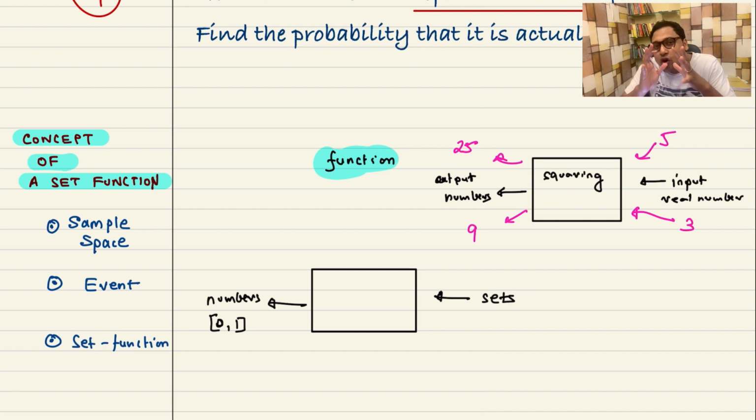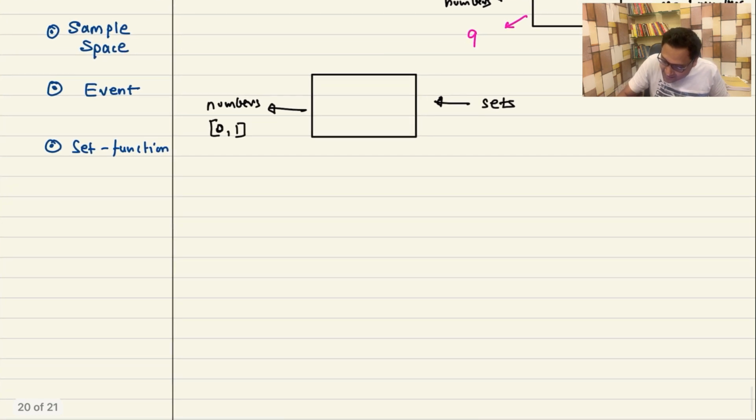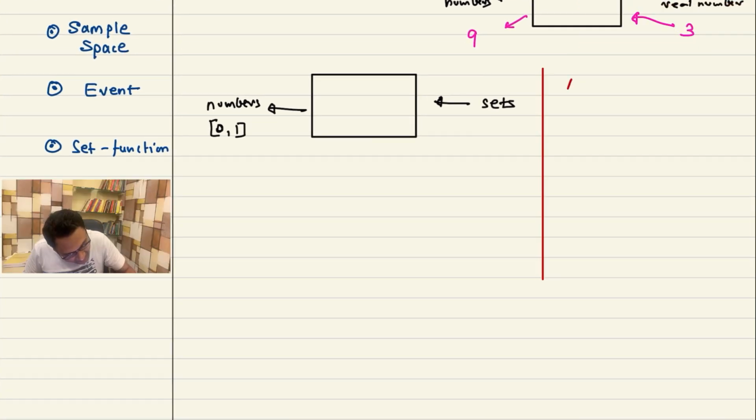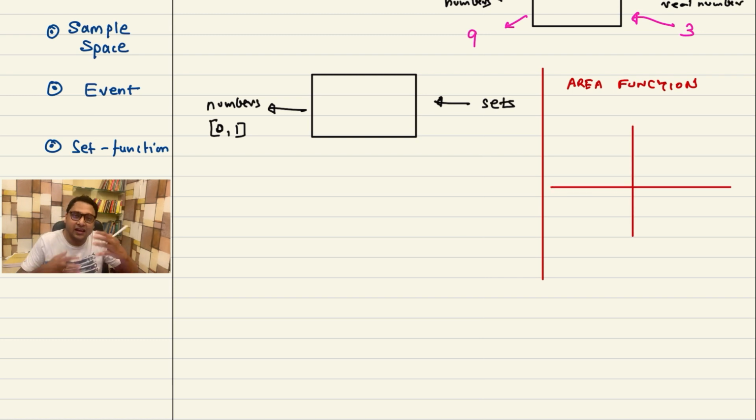Now, you already are familiar with certain functions like this. Functions which take input as sets and give output as numbers. I'll give you one example. There is this area function. So let's suppose I take the xy coordinate plane and I take this square whose side lengths are 2.